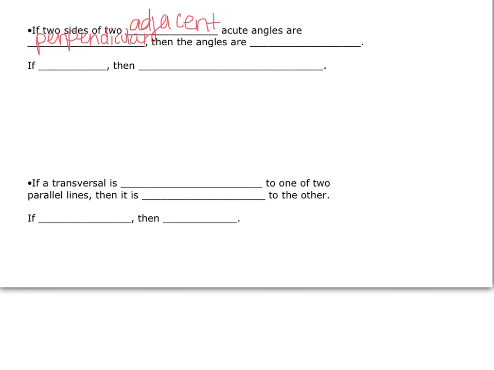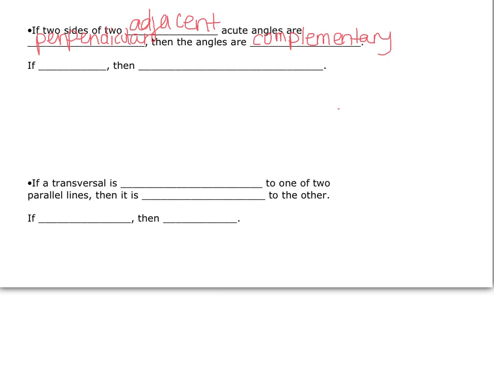If two sides of two adjacent acute angles are perpendicular, then the angles are going to be complementary. So let's see here. Two adjacent angles, they're acute. Two sides of the adjacent angles are perpendicular.